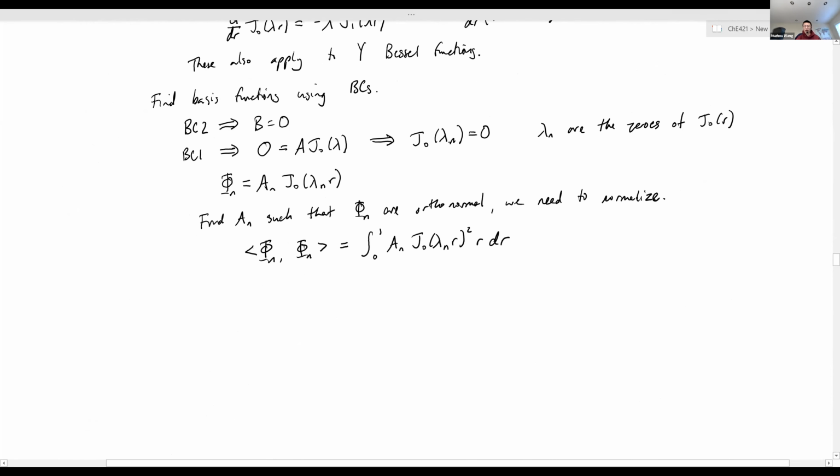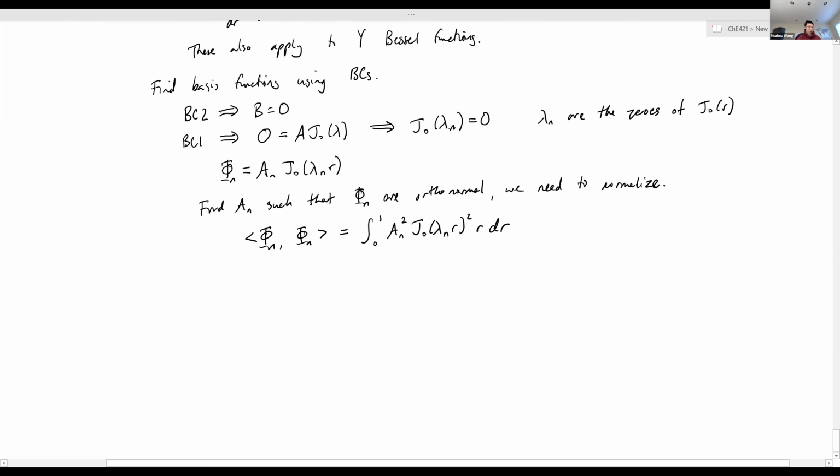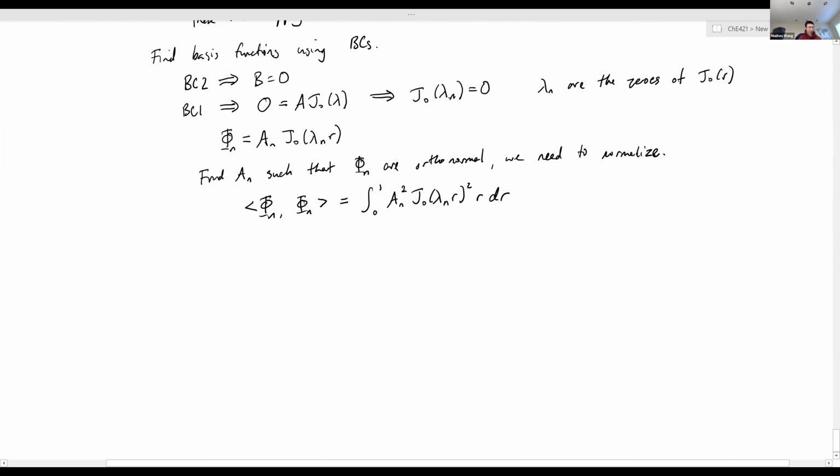This is reminiscent of how in cylindrical and spherical coordinates, you have that little factor at the end of all your integrals, like an r or an r squared sine theta. That's basically what this is. Just like before, we take our two basis functions, with a square right here, and multiply them together. Now we need to evaluate this integral.